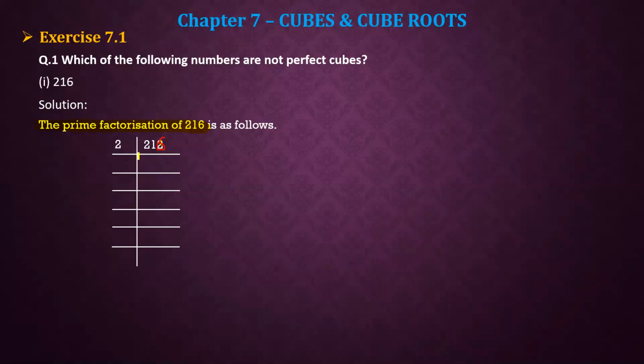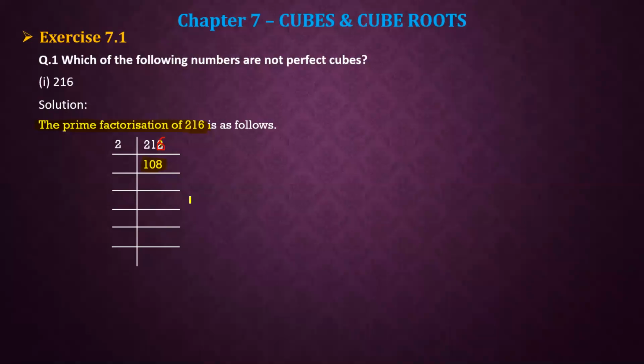That means we are going to divide 216 by 2, and after dividing it, we are getting 108. So the first prime factor is 2, and the next number is now 108. Now again observe the next number obtained, whether it is odd or even.